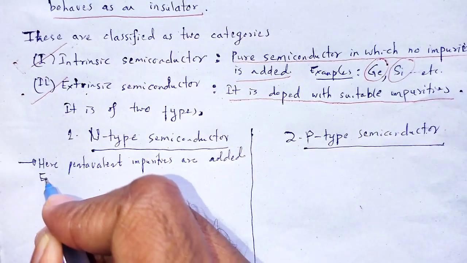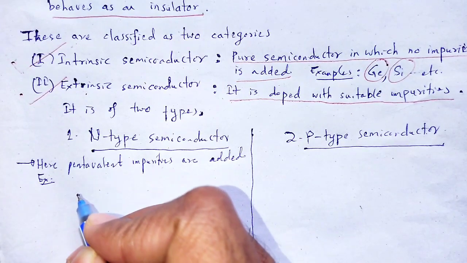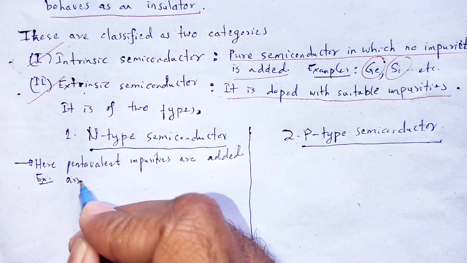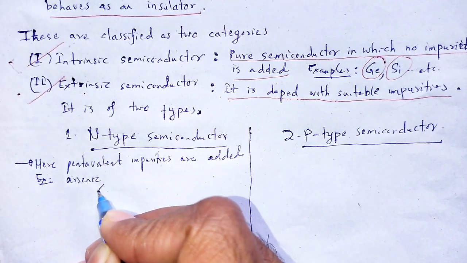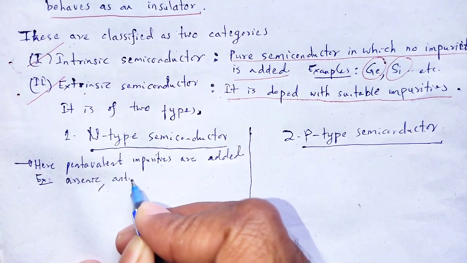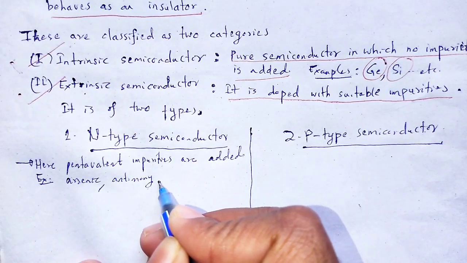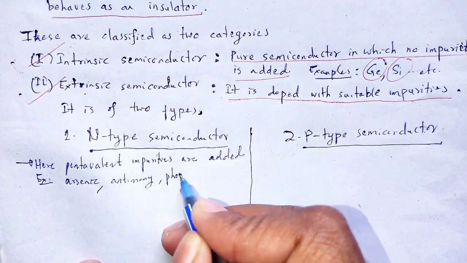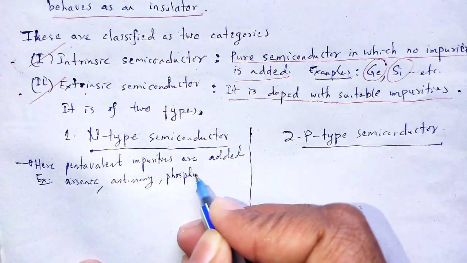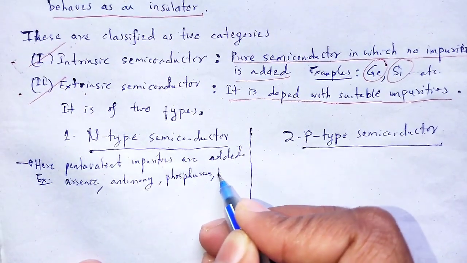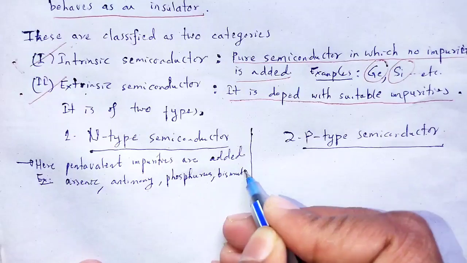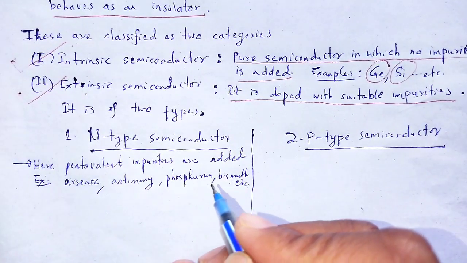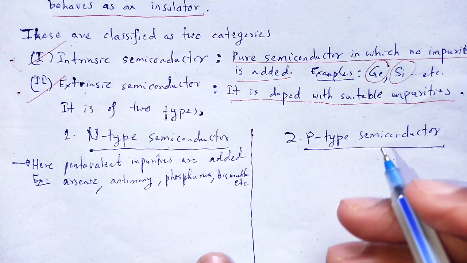Examples of pentavalent impurities: arsenic, antimony, phosphorus, bismuth, etc. are the examples of pentavalent impurities.